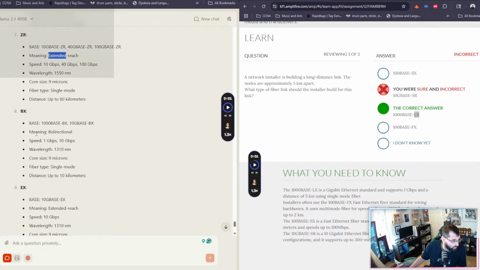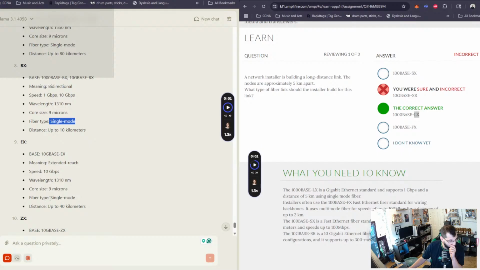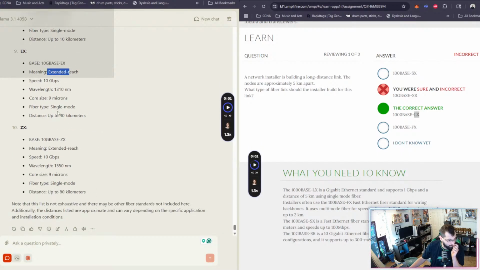Okay, bidirectional is single mode. We have again extended. Again, we have extended. So anything that is L or extended is single mode.